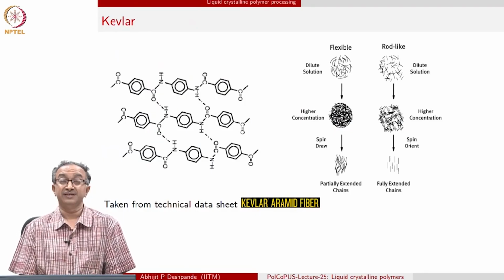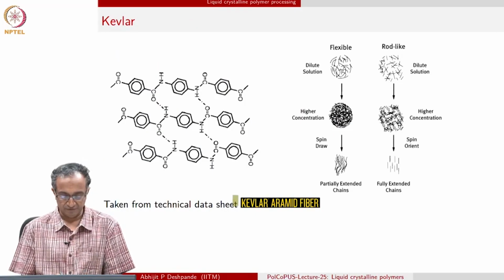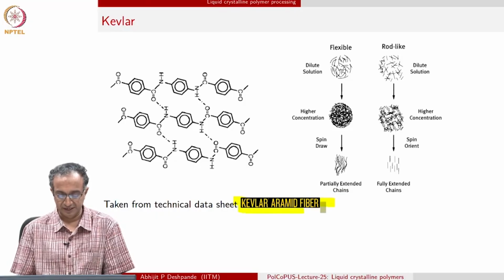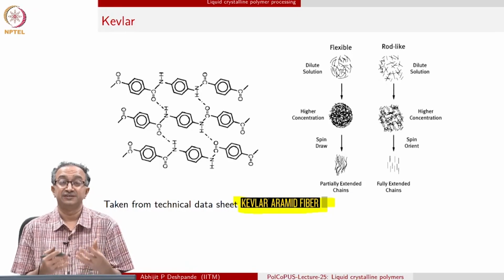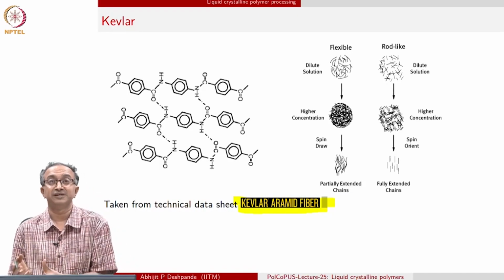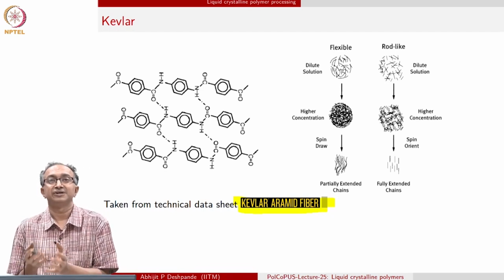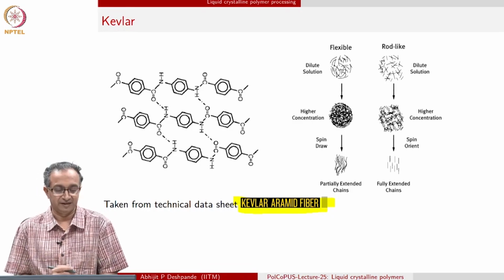And the other thing about Kevlar, and this is taken from the commercially available data sheet, is how you can exploit this liquid crystalline order during processing to organize the order, and then once we bring it below glass transition temperature, the order gets frozen and we have excellent mechanical properties.